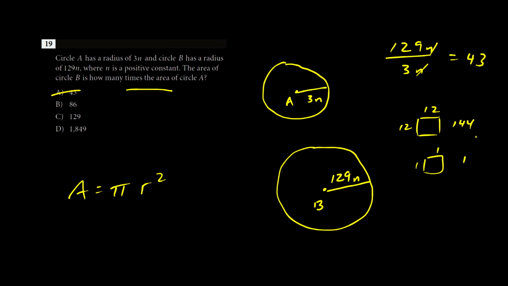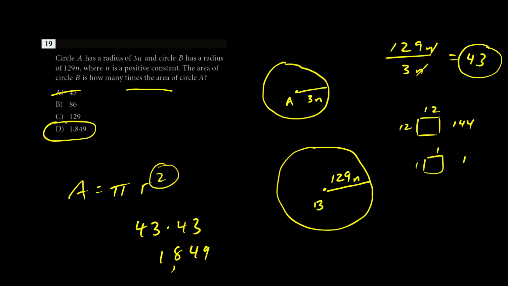So it's 12 times 12, and it really has to do with that squared. So if you find a linear ratio of 43, to get the area you just do it twice. 43 times 43 is 1,849 right there.